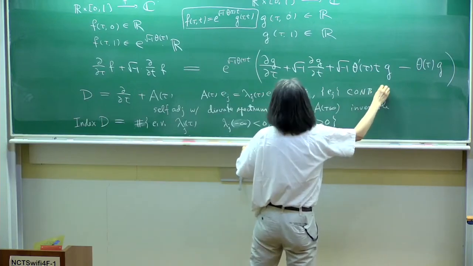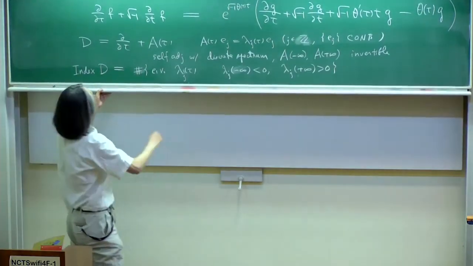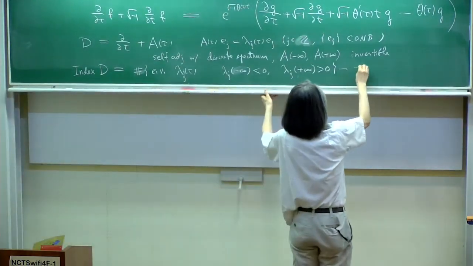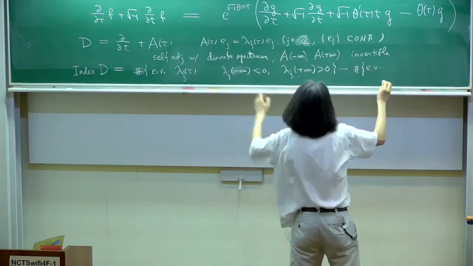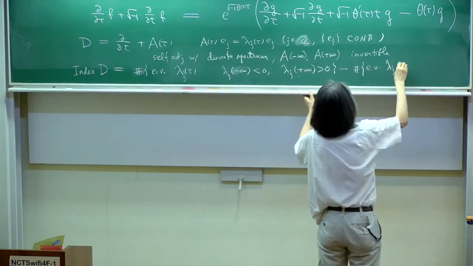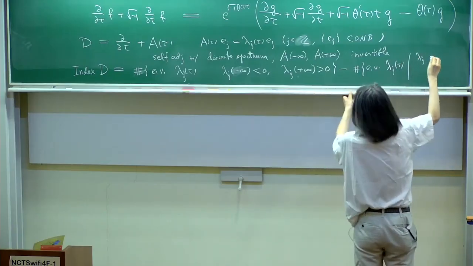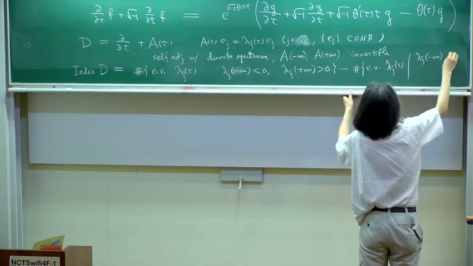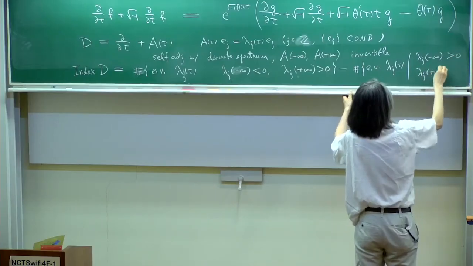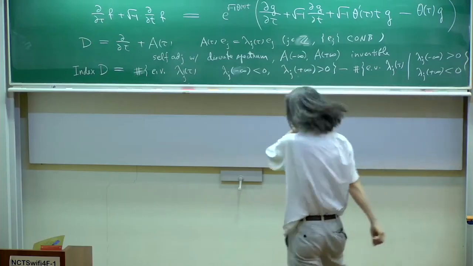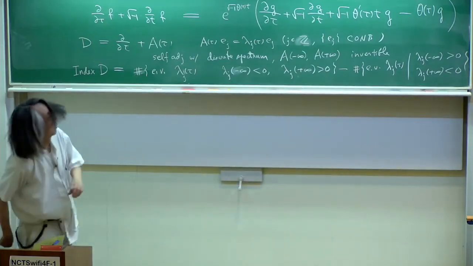I consider such a very easy operator, and then the index is equal to this one minus the number of eigenvalues, branches of eigenvalues, lambda j of tau, such that lambda j of minus infinity is positive and lambda j of plus infinity is negative. I think this is the right computation.